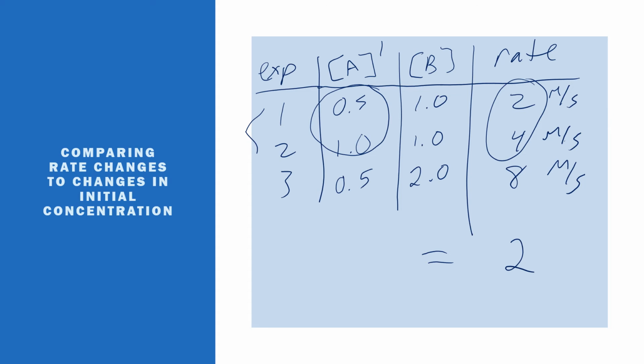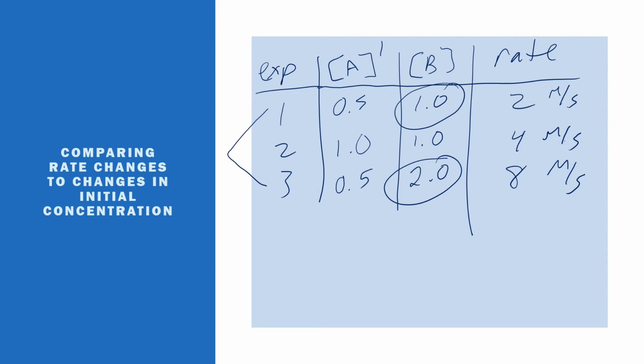Now let's do B. So for B, we want to pick 2 reactions where A stays the same. So I'm going to pick 1 and 3 because A is 0.5 in both of those. Now for B, we go from 1.0 to 2. So it changes by a factor of 2. The rate changes from 2 to 8. So the rate changes by a factor of 4.